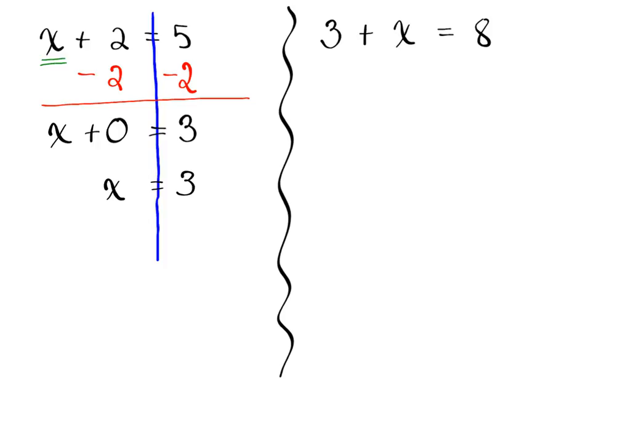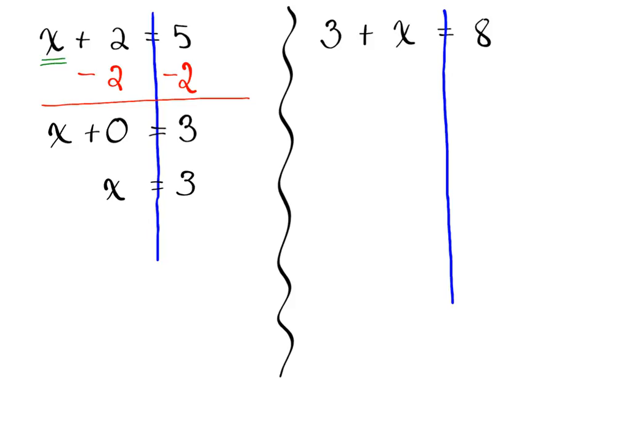The operation is addition, and that affects the x. Okay, so I'm going to put that little line down representing my equal sign. So what I do on the left-hand side, I have to do on the right-hand side from this point on. So that says I added x to 3.